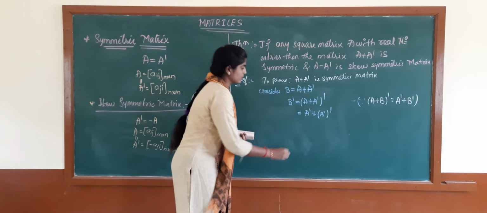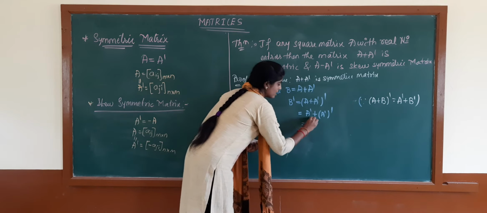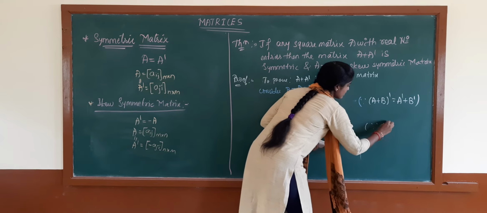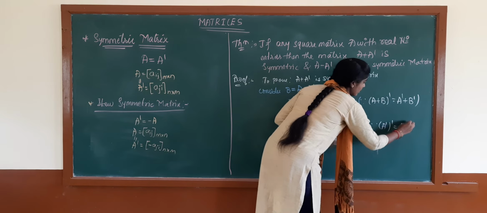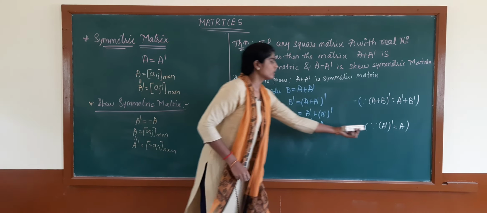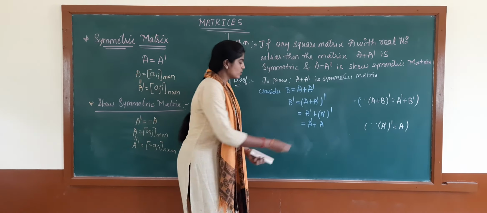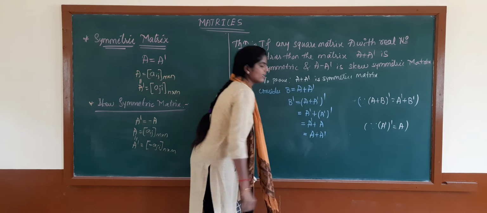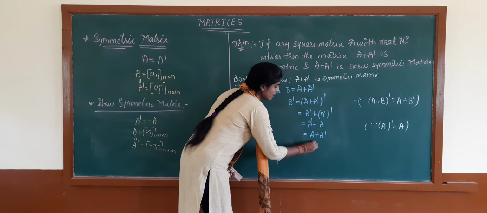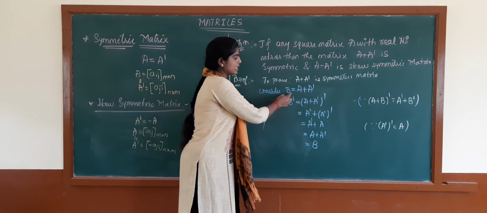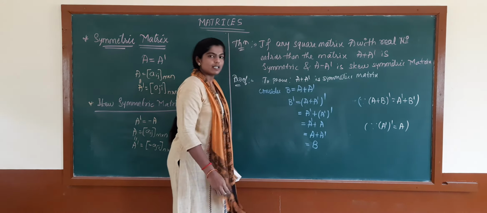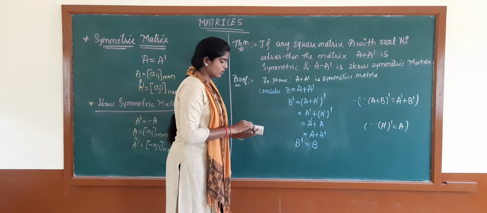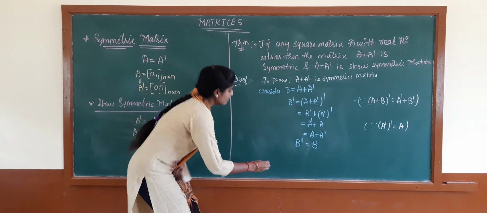Again we have A transpose plus A, because of the property that the transpose of A transpose is A. If you rearrange this, A plus A dash is nothing but B. So B transpose equal to B, and it means we can conclude that A plus A transpose is a symmetric matrix.